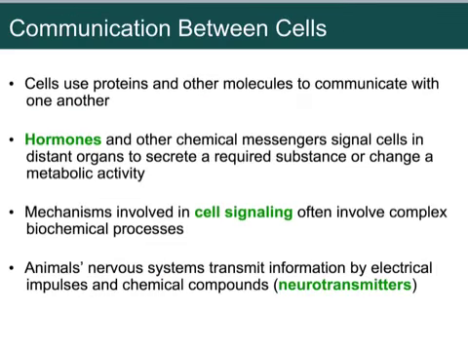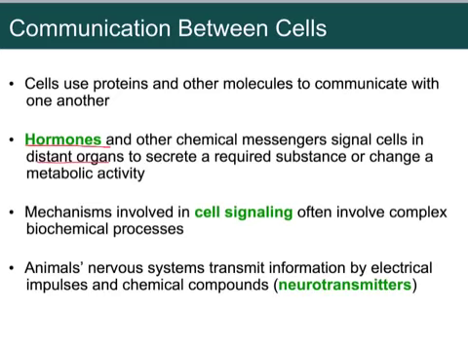Let's talk about those. One important type of communication signal is a hormone. You've all heard about hormones. They send signals to distant organs, so far away they can send signals to make the organs secrete something or to change the metabolic rate.